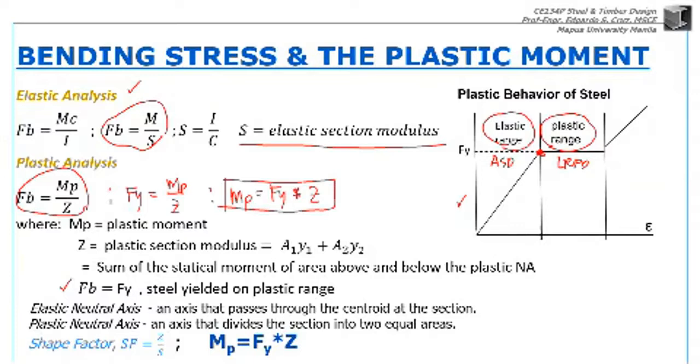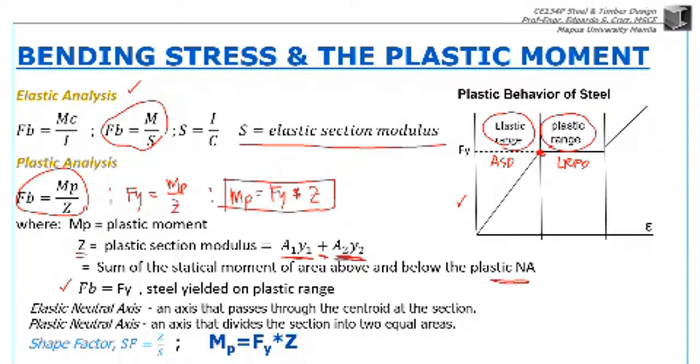I already explained the plastic section modulus last time in the derivation of the formula for the thickness of the base plate. The thickness of the base plate was derived based on bending. Again, plastic section modulus is defined as the sum of the statical moment of area above plus the statical moment of area below the plastic neutral axis.